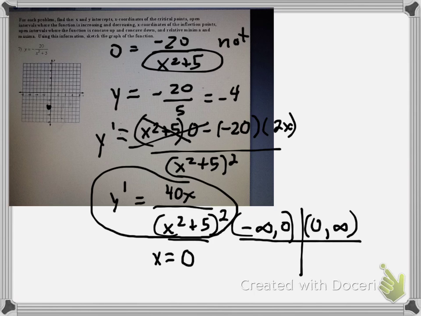Any negative number will make that negative, and any positive number is going to make it positive, because the denominator is always positive. So I have a relative min at 0. We already found the y-coordinate for that. So the relative minimum is at 0, -5.